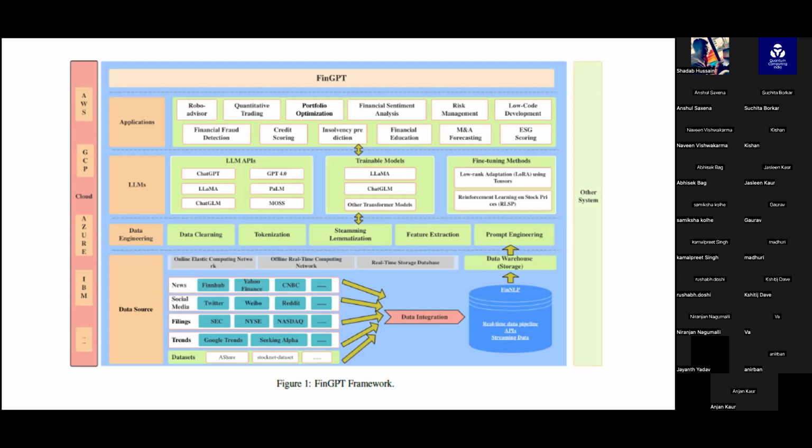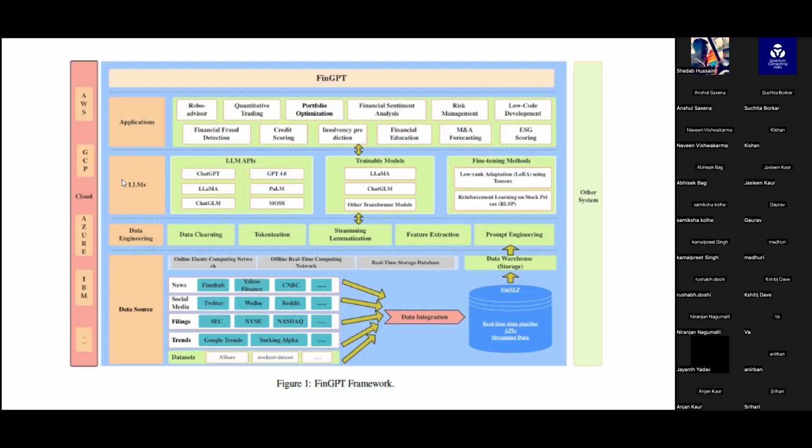Now, having said that, having looked at this particular thing, what we can see is that quantum computing or quantum machine learning algorithms can be used in 2 parts. One is your data engineering, and another one is your LLM part.